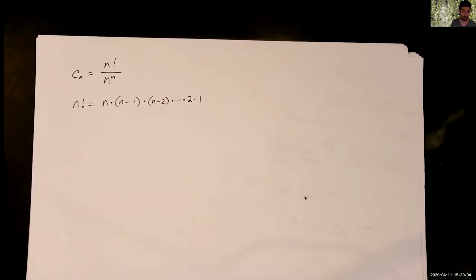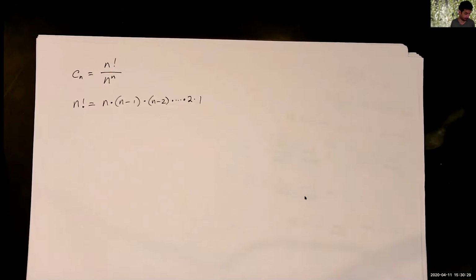So 5 factorial is 5 times 4 times 3 times 2 times 1, or 120. 3 factorial is 3 times 2 times 1, which is 6. Factorials are really interesting. They show up in surprising places like Taylor polynomials we will get to. They're all over probability theory, something called combinatorics.